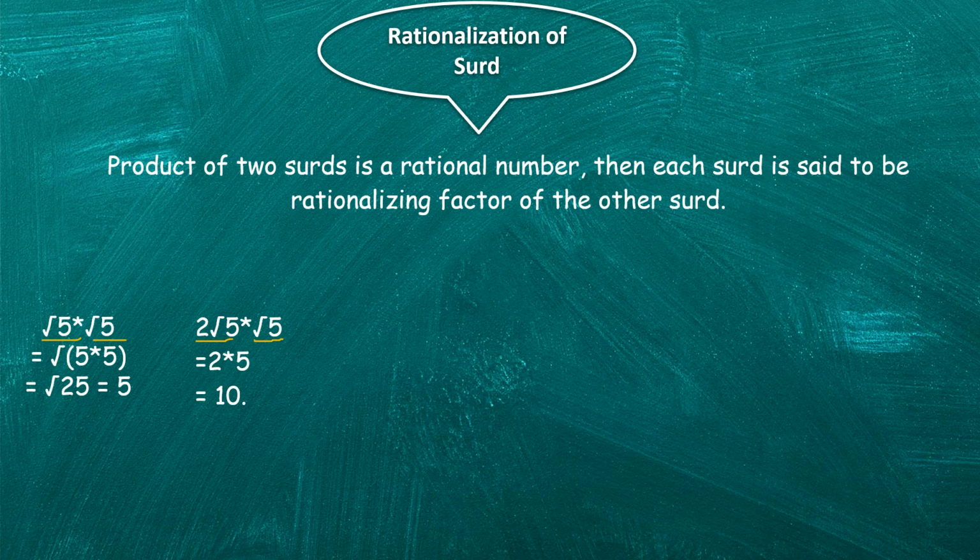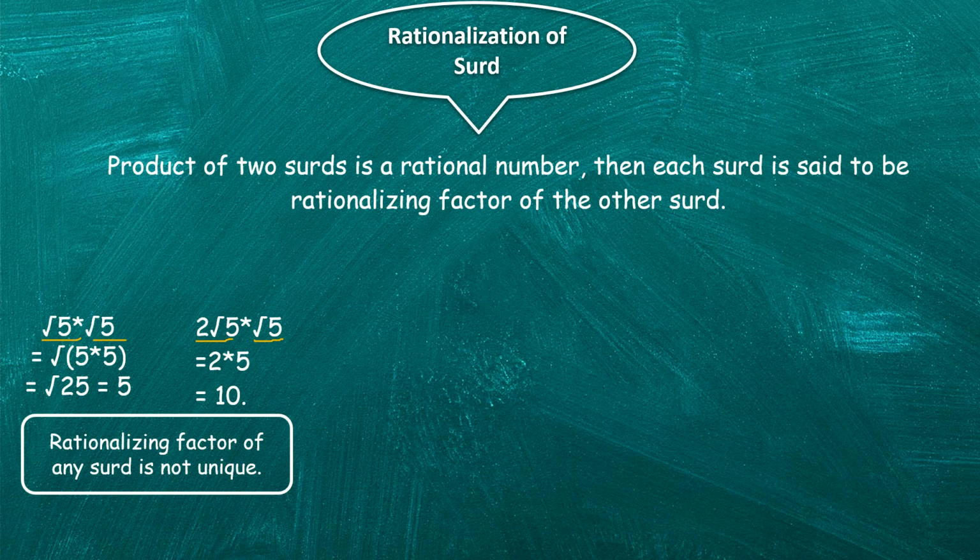So we can say the rationalizing factor of any surd is not unique, right? As here it is 2 root 5 and here it is root 5. So if a surd is a rationalizing factor of a given surd, then a surd obtained by multiplying it with any non-zero rational number is also a rationalizing factor of the given surd.